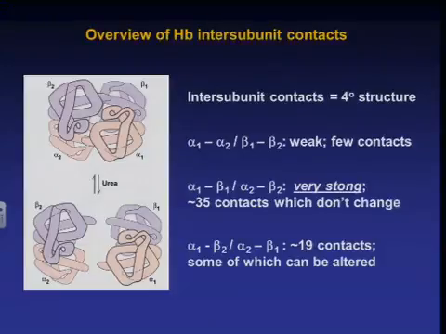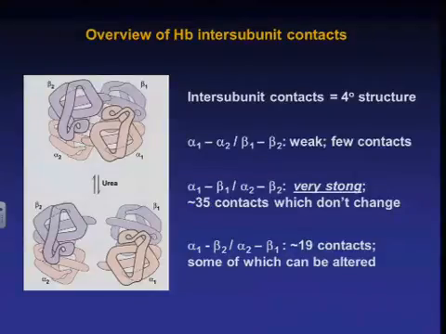So on Friday, what did we say about the inter-subunit contacts? I told you that you should think about hemoglobin as a dimer of heterodimers, that the contacts between an alpha and beta and an alpha and beta are so strong that they really can't be changed.